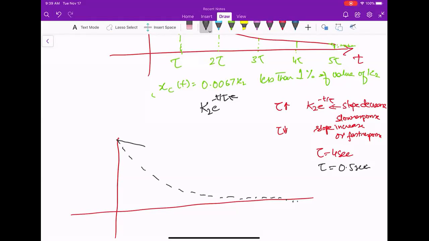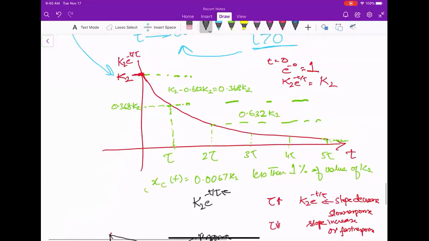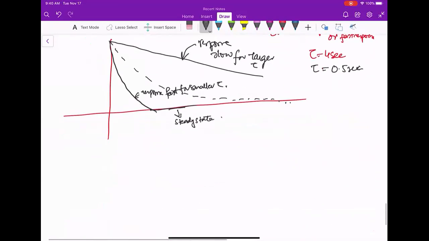Tau equal to 4 seconds will be something like that, and tau equal to 0.5 seconds will be something like that, which means that the response will be slow for larger tau and fast for smaller tau, which means that for smaller tau, your circuit will settle down quickly, right? Am I clear about that? Okay.